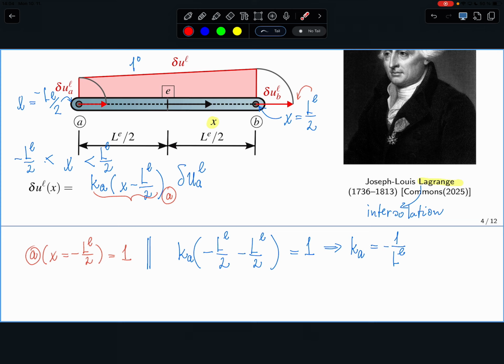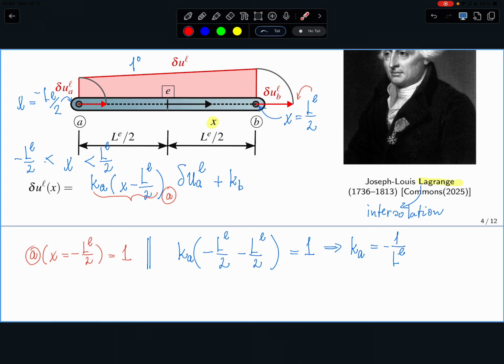So now to move forward a bit quicker, I will also have some second scaling constant related to this right cross-section. I need to make sure that this point does not contribute. This is its coordinates, so it's minus LE over 2.